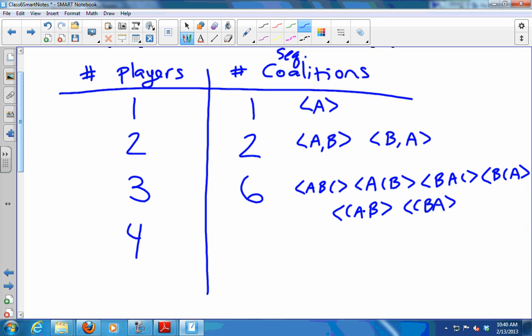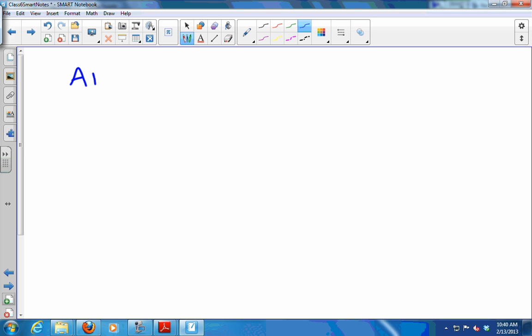So rather than trying to write them all down, because we could start trying to write them, right? We could say, well, A, B, C, D, right? And then we could have A, B, D, C. So those are all my A, B coalitions.